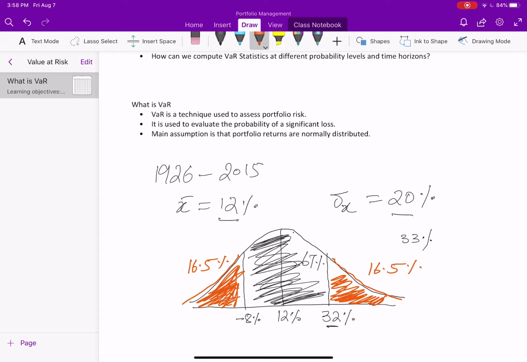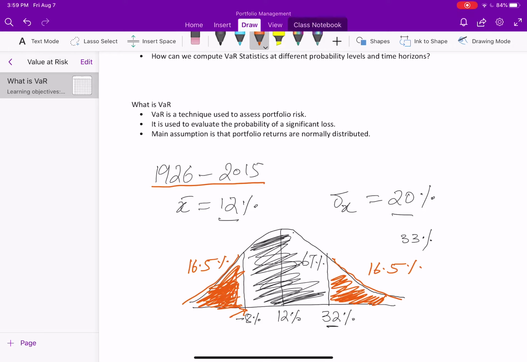So what does it suggest? It suggests that if we assume the same return pattern will behave into the future, because we only have the historical returns at this time, then over the next year, if we own the S&P 500 index, there is a 16.5% chance that we can experience a loss of at least 8% or worse, because this is the probability over here.